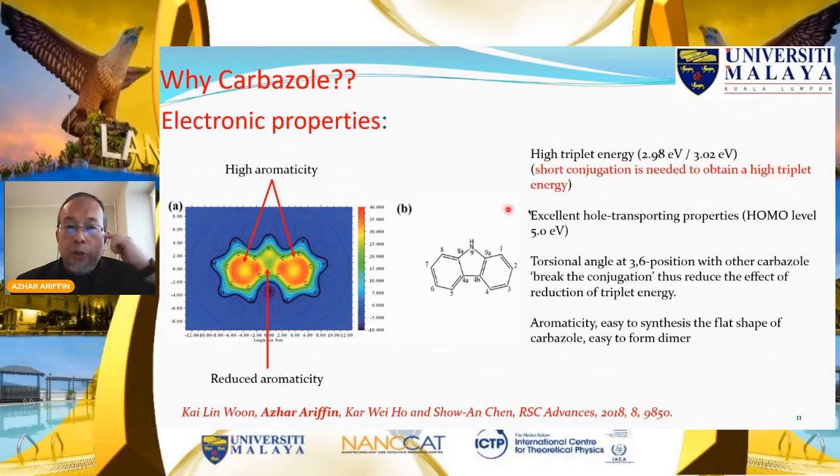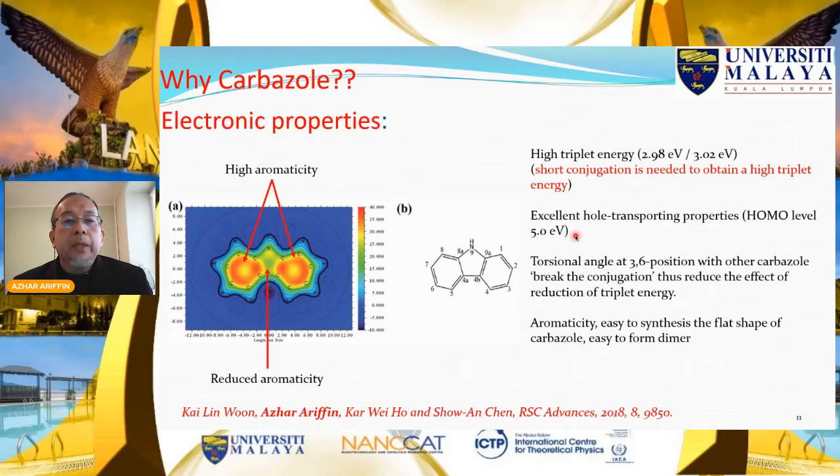This is what carbazole has. In this diagram, you can see these two aromatic rings of high aromaticity, separated by the reduced aromaticity of the 5-membered nitrogen-containing ring. With this structure we have short conjugation, which is why carbazole has the high triplet energy needed for a good OLED molecule.